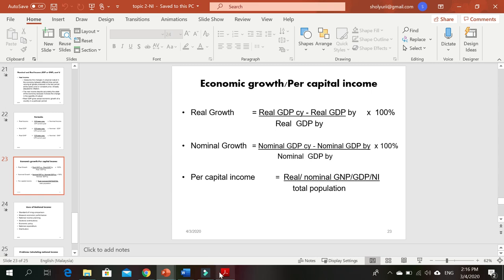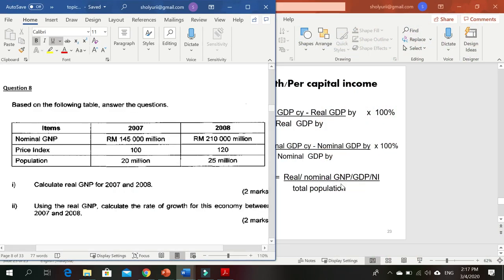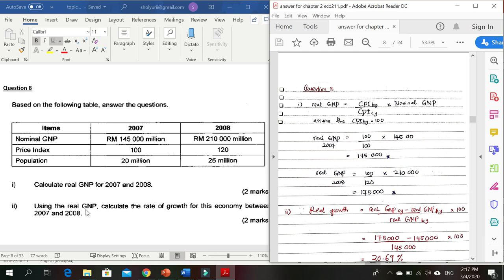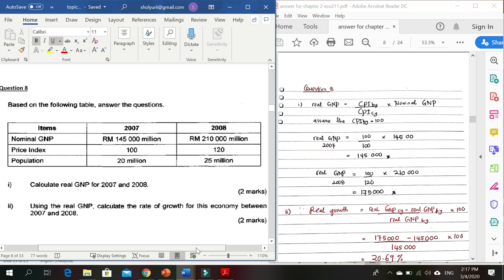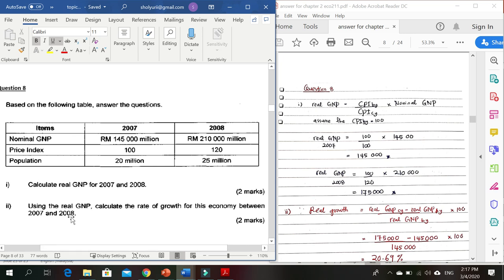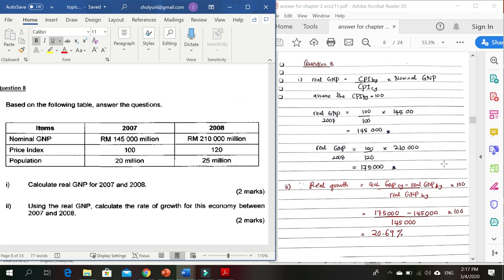Okay? So, kita tengok soalan kita tadi. Okay? Going back to this question. Look at question 8. Using the real GNP yang kita dah kira tadi kan. We have the real kan. Untuk 2007, 145,000. Untuk 2008, 175,000. Okay, this is the real GNP for these 2 years. So, dia kata, calculate the rate of growth of this economy between the year 2007 and 2008. So ada satu growth rate je, jangan kira dua-dua, tak ada. So dia kata daripada tahun 2007 ke 2008 ni, what are the growth rate of the country?